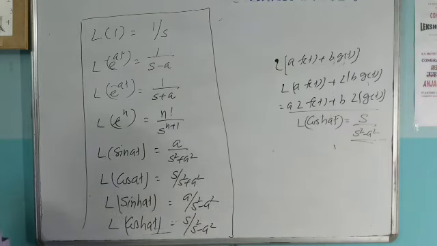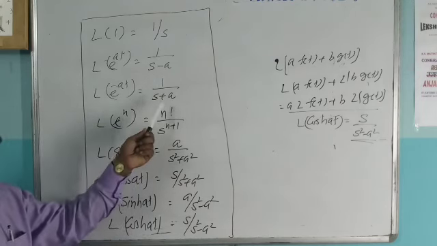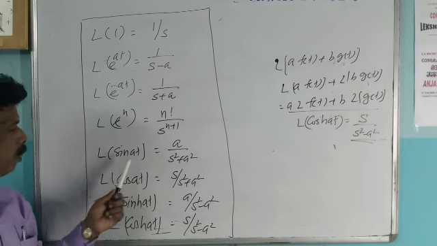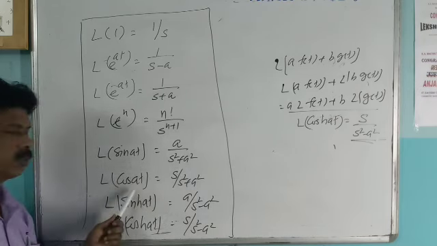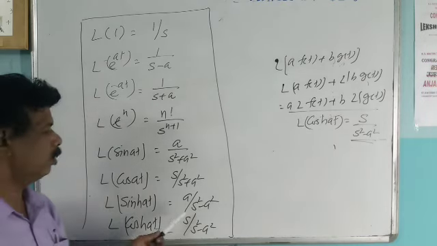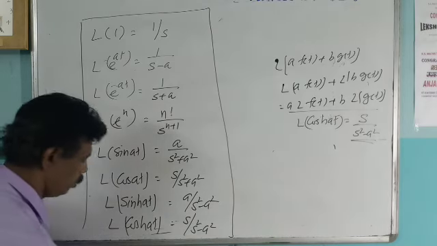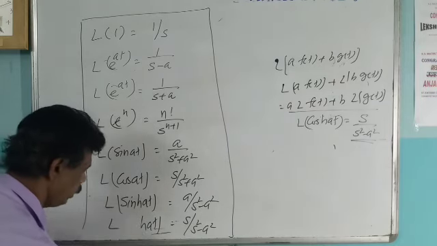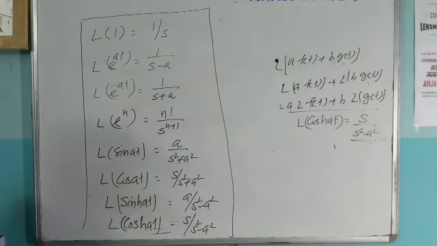Laplace of 1 equals 1 by s, Laplace of e raised to at equals 1 by s minus a, Laplace of e raised to minus at equals 1 by s plus a, Laplace of t raised to n equals n factorial by s raised to n plus 1, Laplace of sin at equals a divided by s square plus a square, Laplace of cos at equals s divided by s square plus a square, Laplace of sinh at equals a by s square minus a square, and Laplace of cosh at equals s divided by s square minus a square.